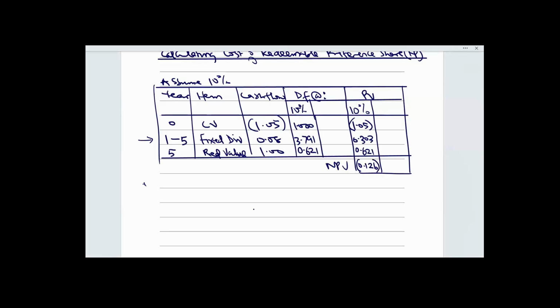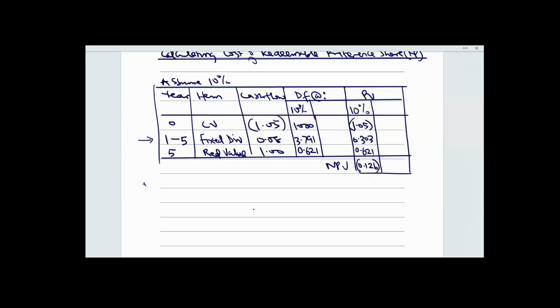Okay, so that's the NPV. So we assume 10%, we got a negative NPV of 0.126. Okay, so to now get a positive NPV, we need to reduce the discount rate to 5.